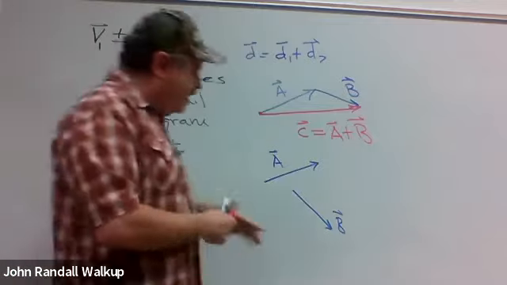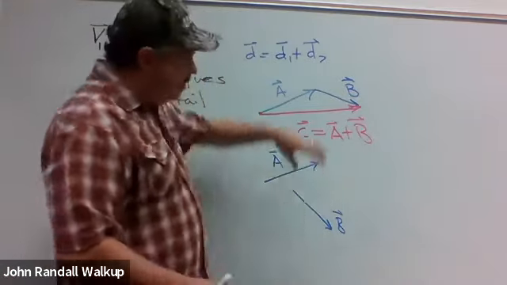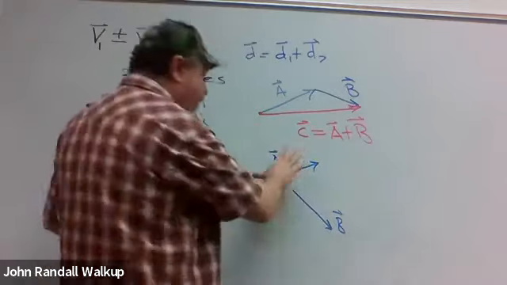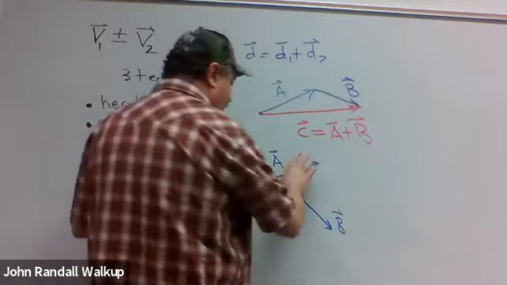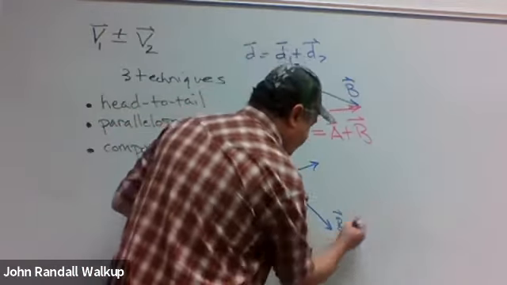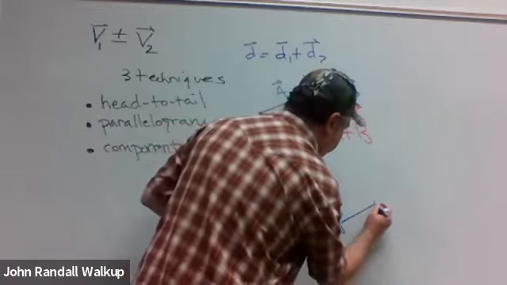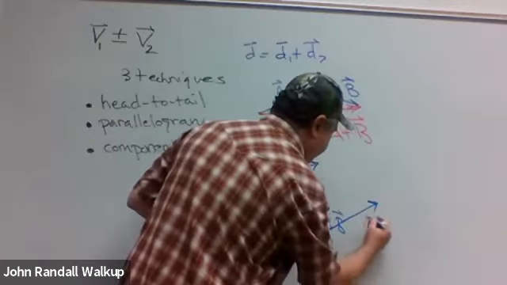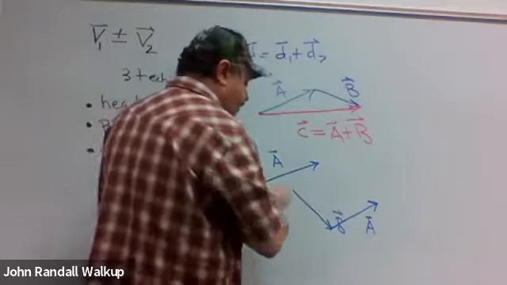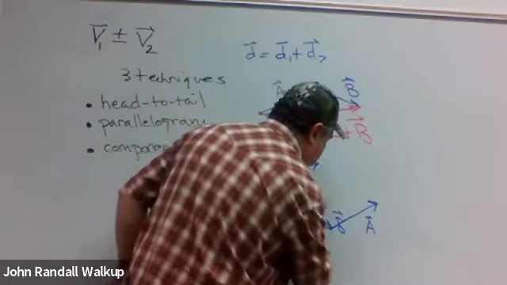But instead of attaching the tail of this one to the head of this one, I'm going to take the tail of this one, attach to the head of this one. So I'm going to move A over here. So vector A.